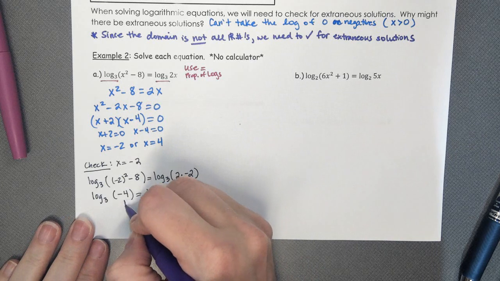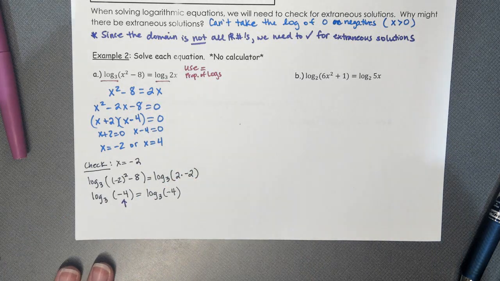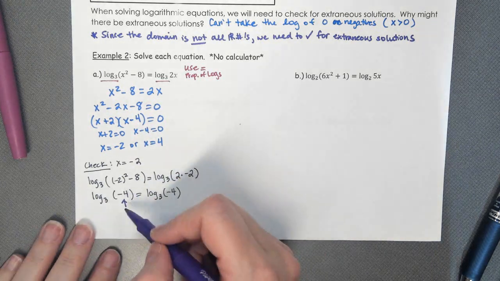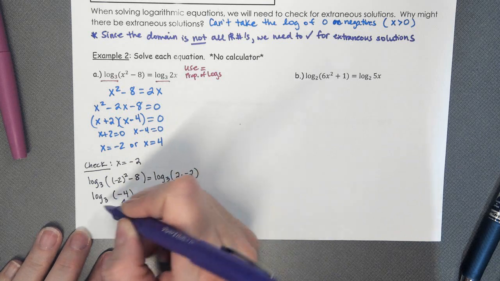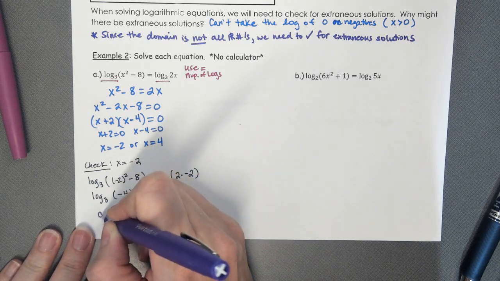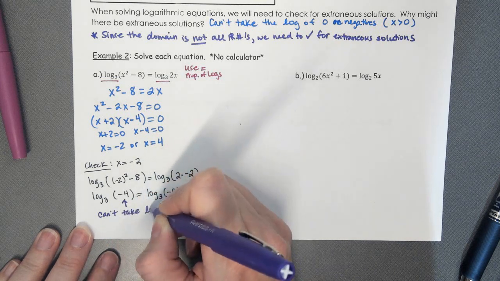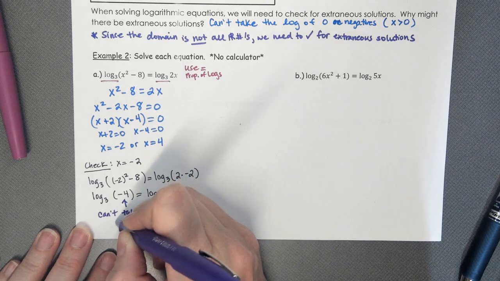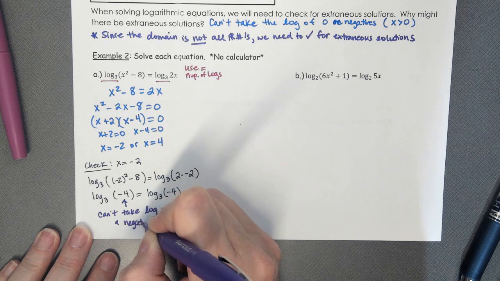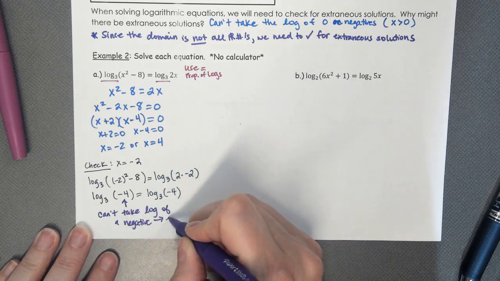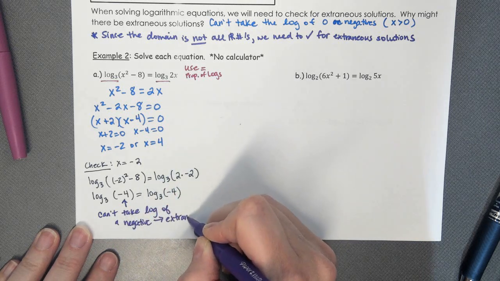Nope. So one thing you're going to have to be able to do on your test, so I want you to practice it, is make sure you can explain why the answer doesn't check. Okay, so you can't take the log of a negative, and that's why this solution is extraneous.